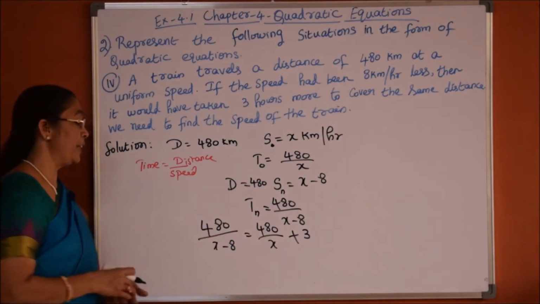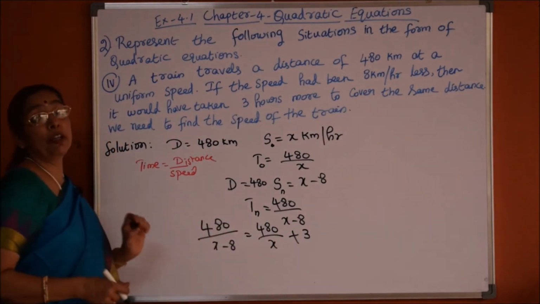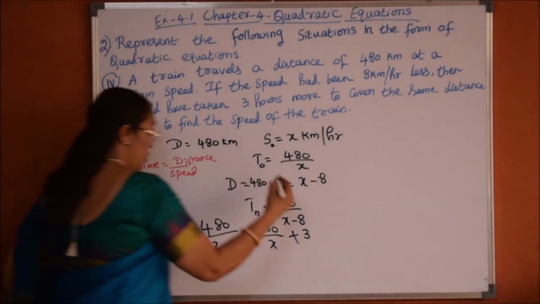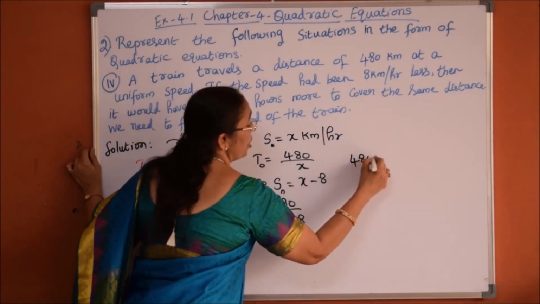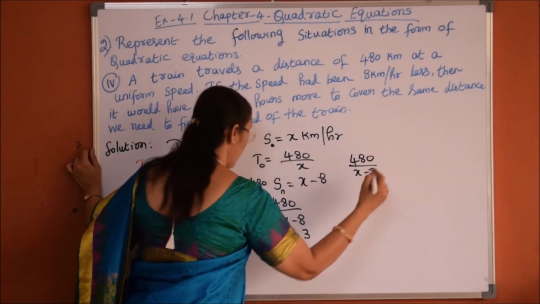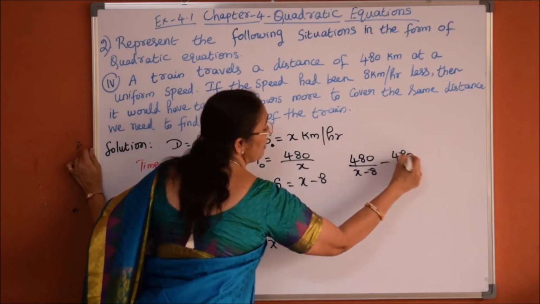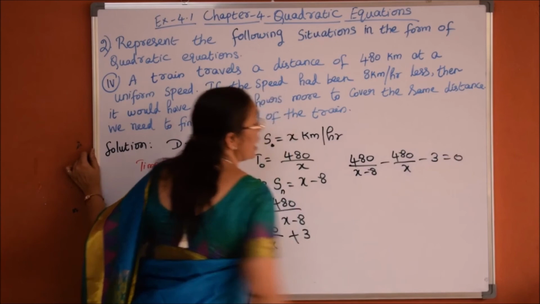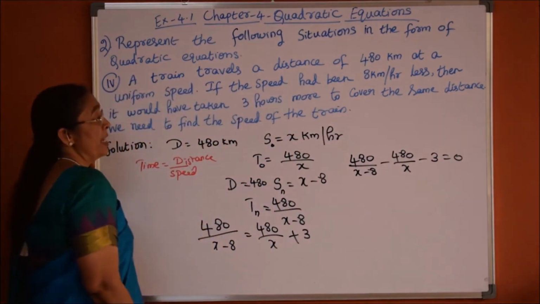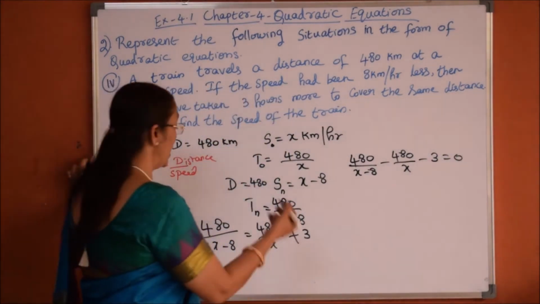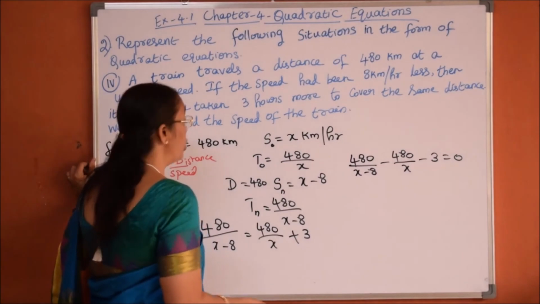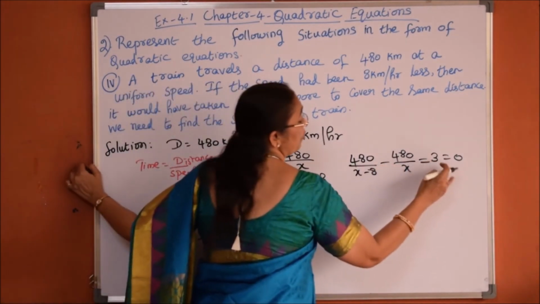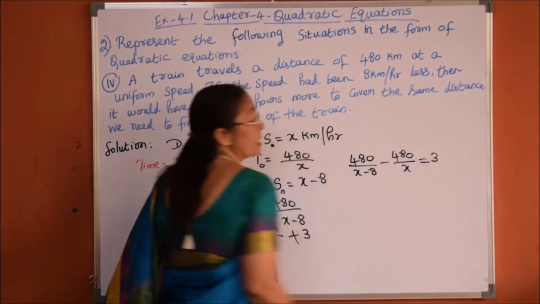Now, let us simplify this to give it in the form of a quadratic equation. We can write this as 480 by x minus 8 minus 480 divided by x minus 3 is equal to 0. Before simplification, we can take 480 common outside and cancel 3.